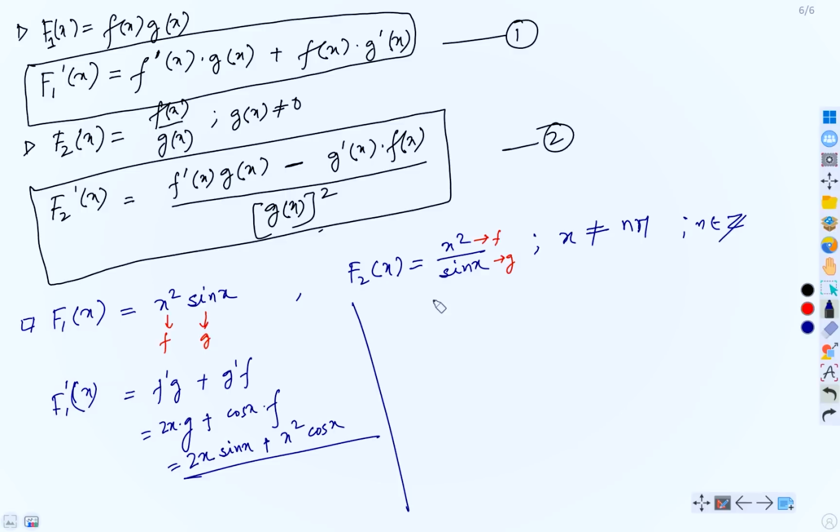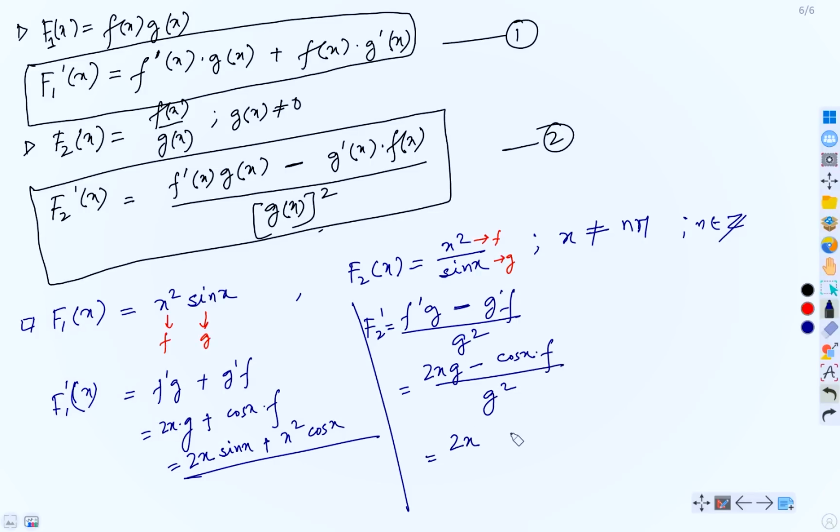And in this case, we have f dash g minus g dash f, by g square, okay? f2 dash gives f dash 2x times g, minus g dash cosine x times f, by g square.